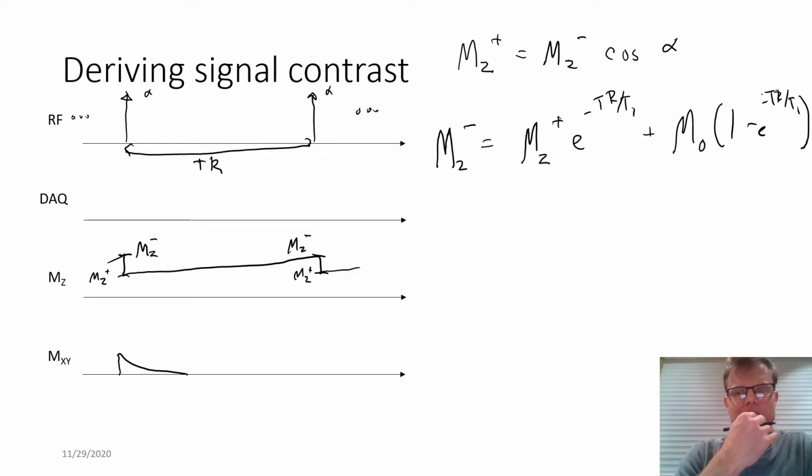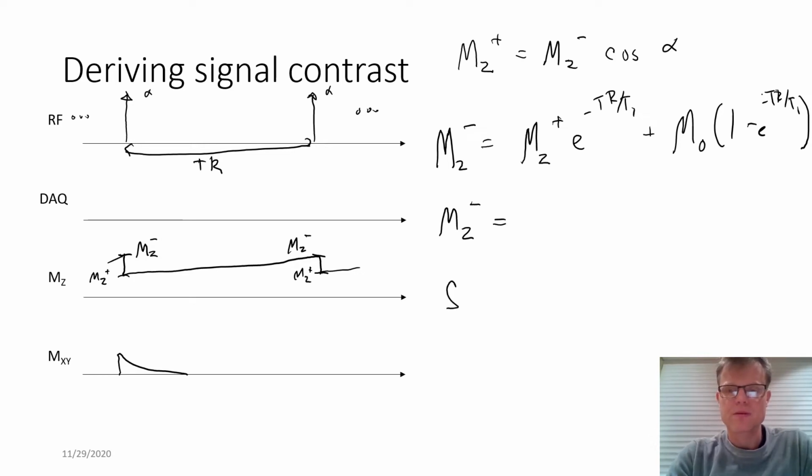So we can actually solve for MZ plus, or actually usually want to solve for MZ minus, because that's what's going to determine our signal.